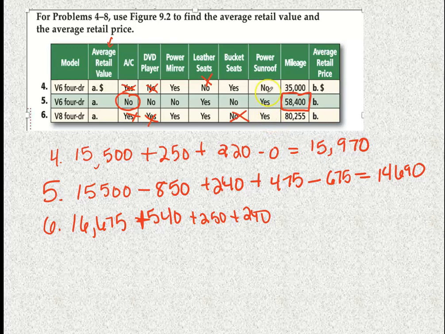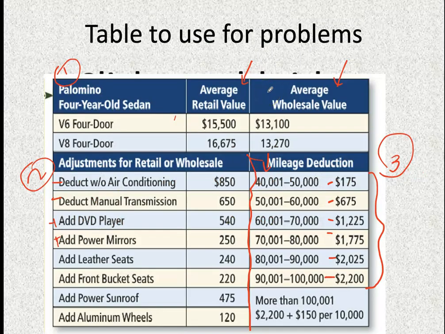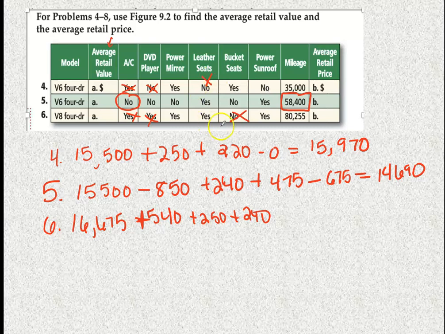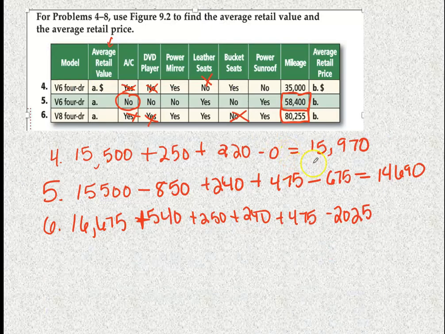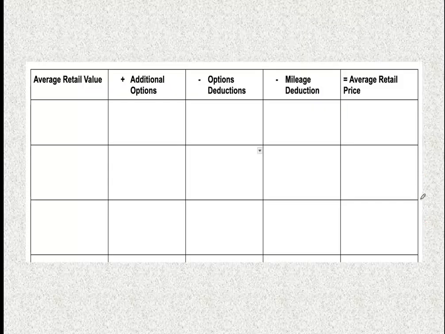Wait, I think I got that. Power sunroof is $475. Nope, I've got to add that. Plus $475. Now I'm looking at my mileage. I'm going to deduct this. So I'm going to go and look at my mileage and deduct that amount because it's between 80 and 90,000, and I will get 16,155. Okay, so please let me know if you have questions.